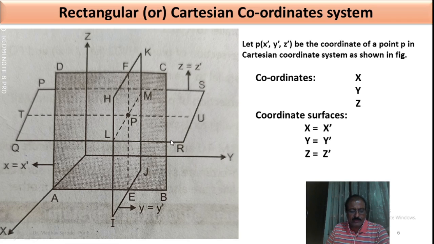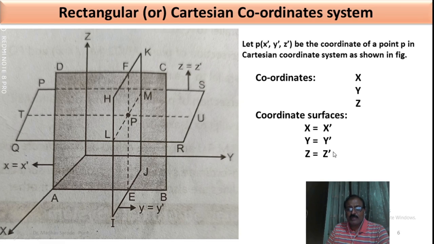Similarly, the third plane is PQRS. This PQRS plane is parallel to the XY plane, and this parallel plane has the value z equal to z dash. Thus z equal to z dash represents the plane surface parallel to the XY plane.